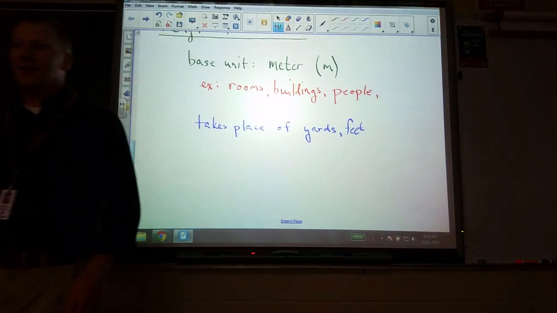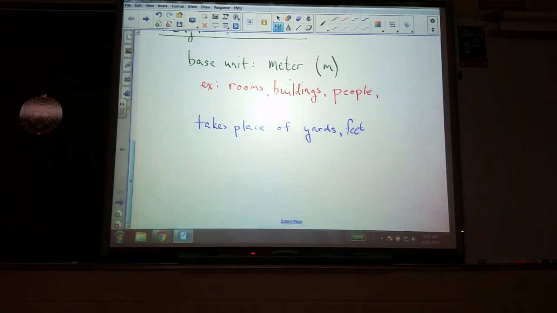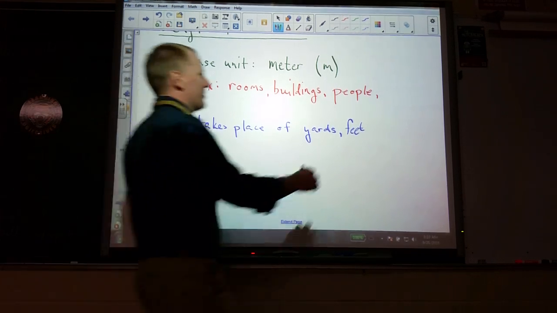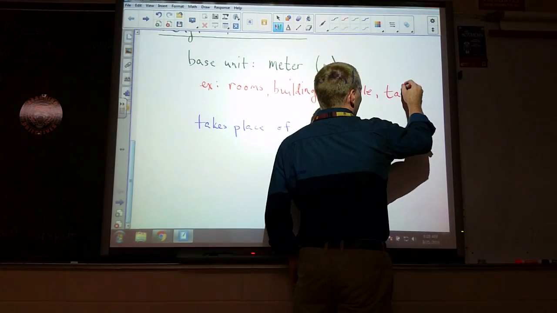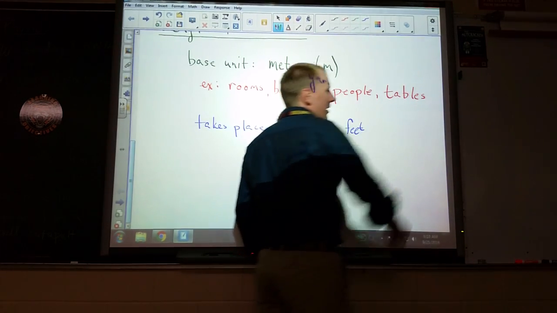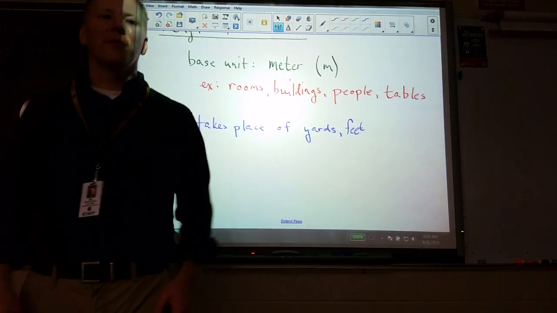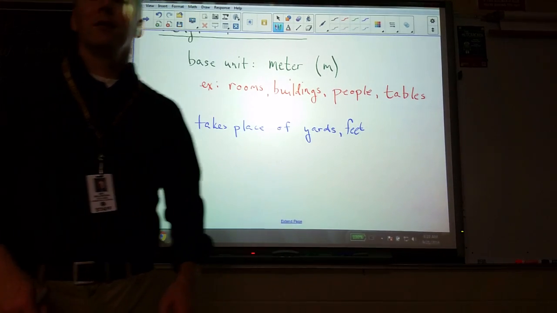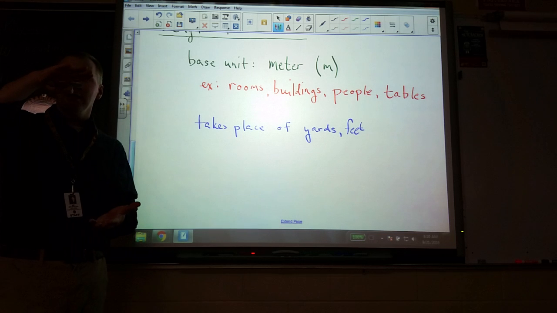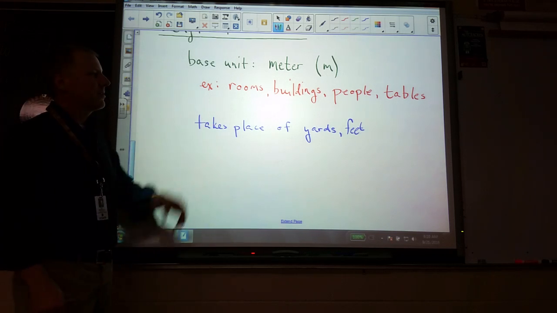What else is measured in feet or yards around here? Think of something. Sure, tables. Those are all good examples, and we don't need an exhaustive list. Most of that table in front of you would have been measured in feet, and it might not be exactly 2 feet, but we'd say some number of feet.